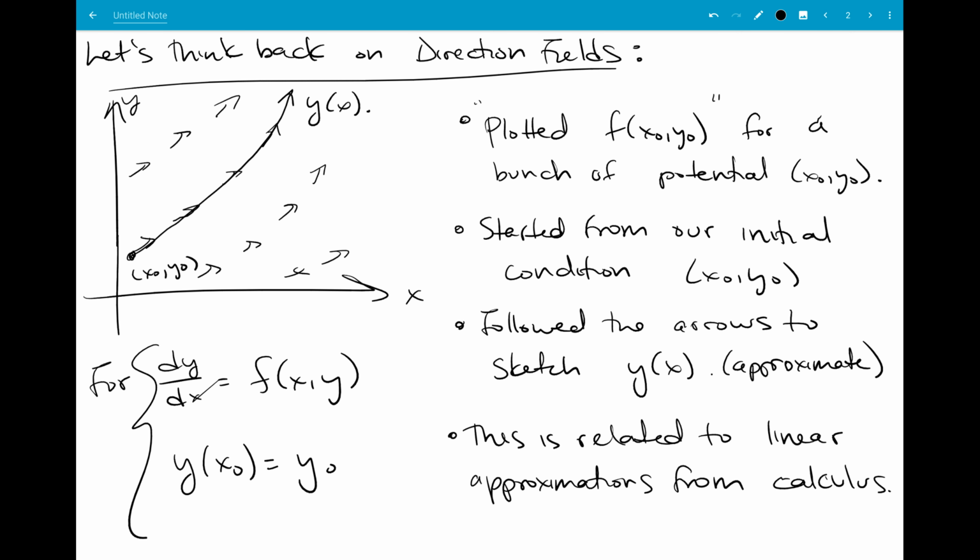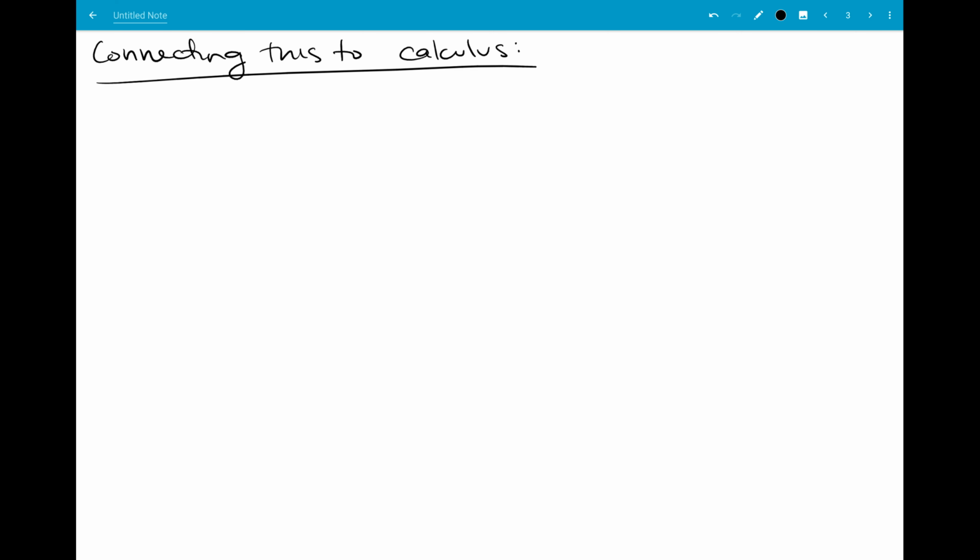And when I say calculus classes, I mean calculus 1 when you first learn about derivatives, and then calculus 3 when you learn about multivariate derivatives. We're going to flesh that out a little bit more here. So we're just going to think about connecting this to calculus. And I'm not doing this because we're going to spend a lot of time thinking about calculus in this class. It's mostly just going to be a tool for us, but that is the understanding that you have. And so I'd like to take this new tool that we're going to learn and connect it as much as possible to something that's already familiar to you and that you've already struggled through the details of.